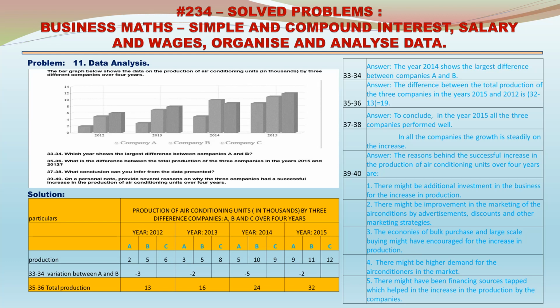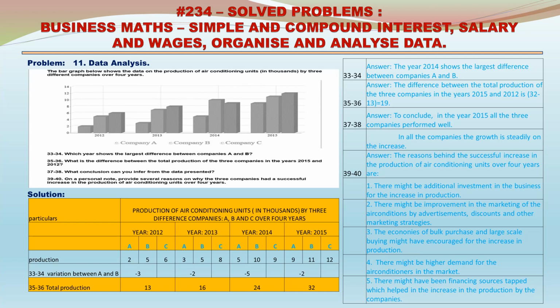In 2014, A is 5,000 units, B is 10,000 units, C is 9,000 units. In 2015, A is 9,000 units, B is 11,000 units, C is 12,000 units.